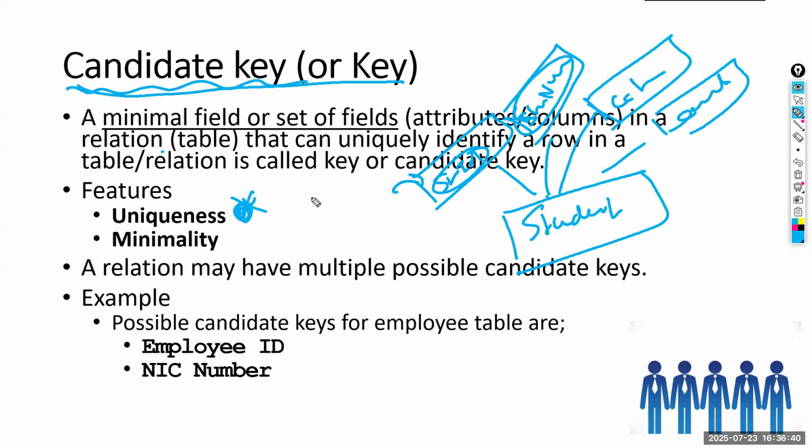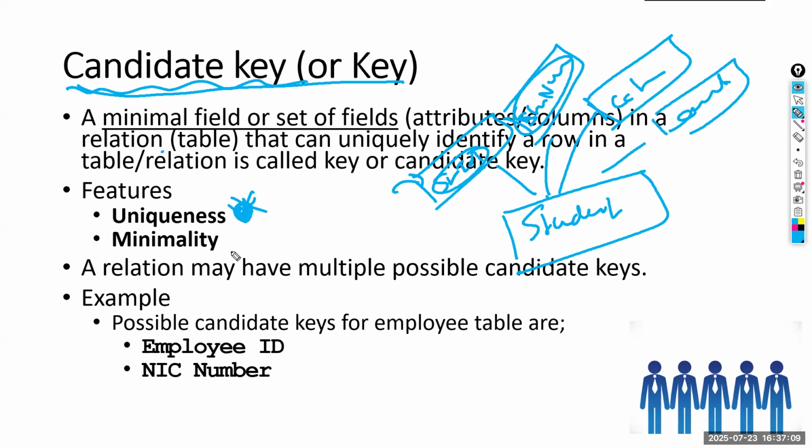But definitely, say a student has many phone numbers. So therefore, phone number is not a candidate key. Student name is not a candidate key because there can be different students with the same name.